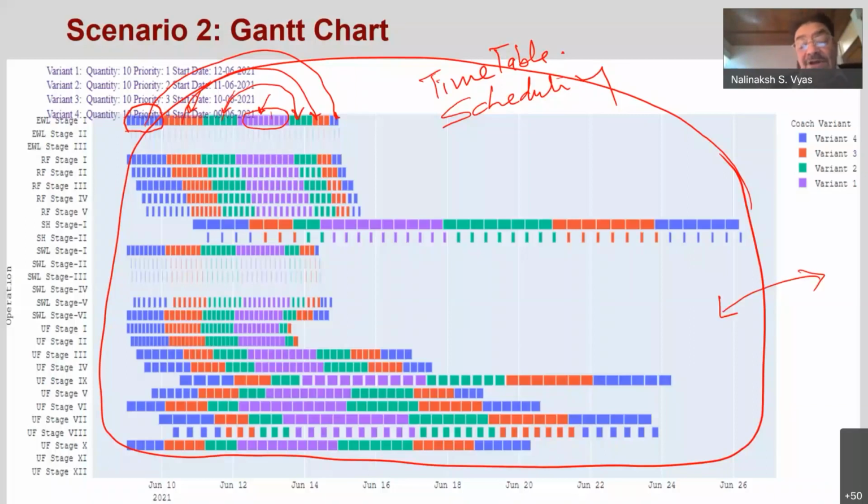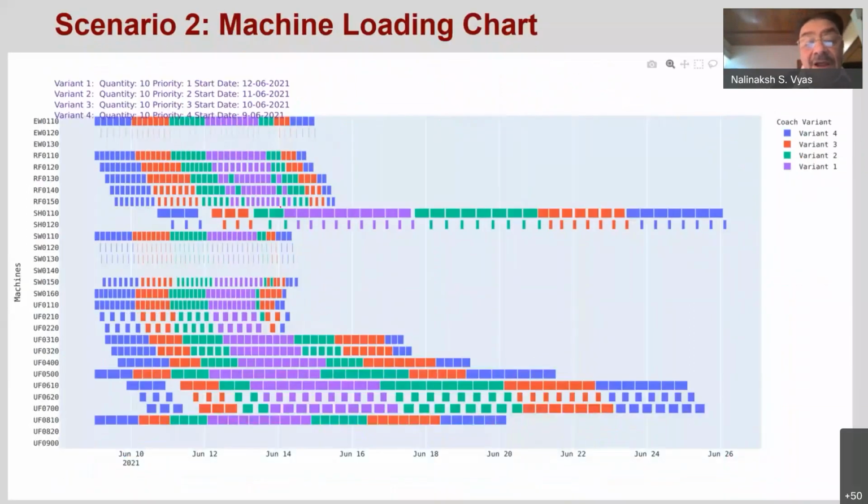This is a machine loading chart, a reflection of the same complicated thing. Here you also see that within this blue itself, if time is available, just see my marker, this green gets taken up. Then this is another interspersion of this type.